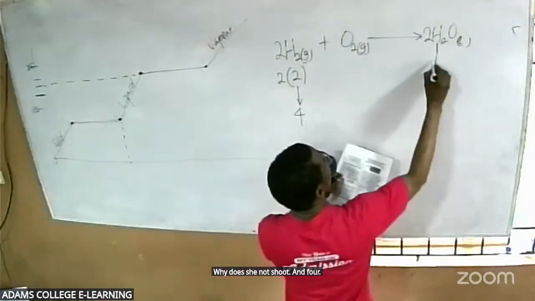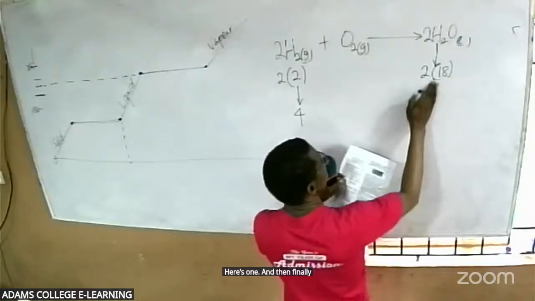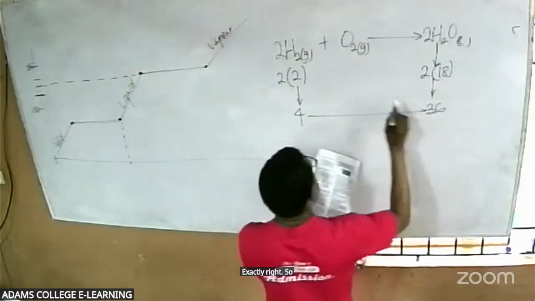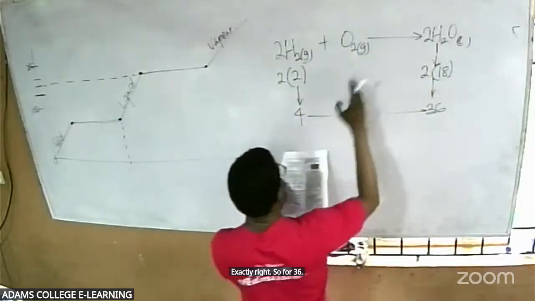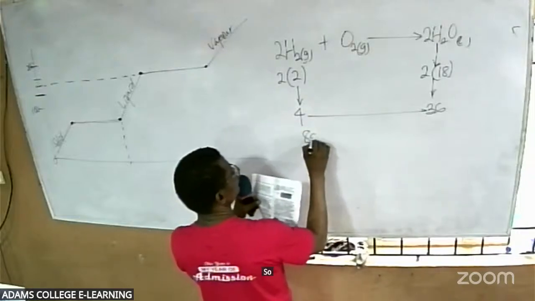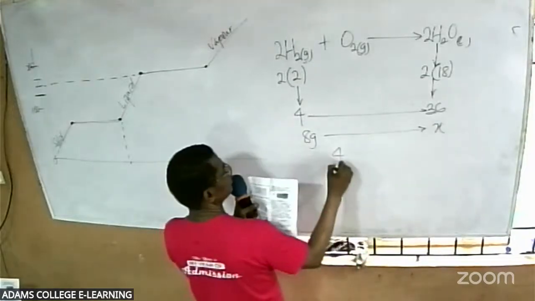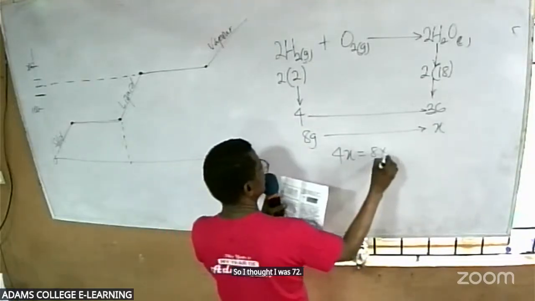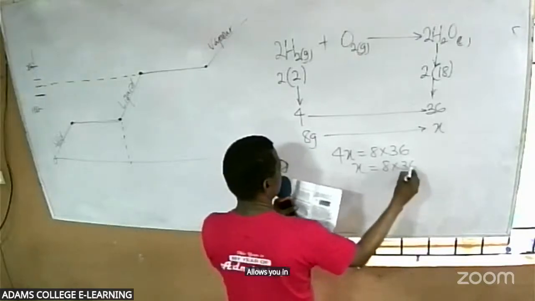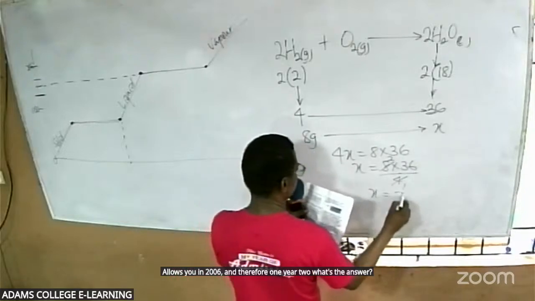This one, 2 times 18 is 36. So 4 grams gives us 36 grams. Are we given 8? So that's another 72. That's the answer. It is 8 times 36 all over 4. 4 here, 1 here, 2. What's the answer? 72 grams.